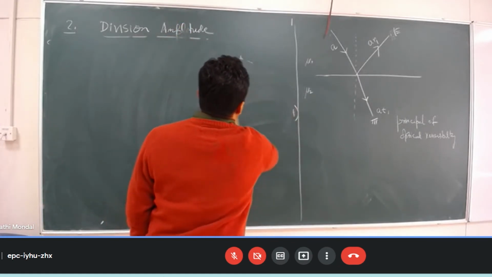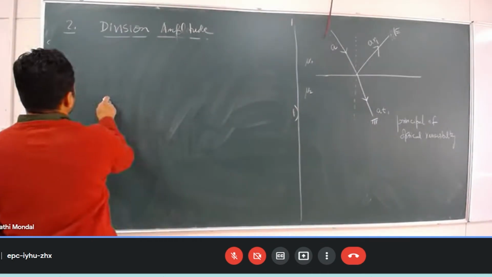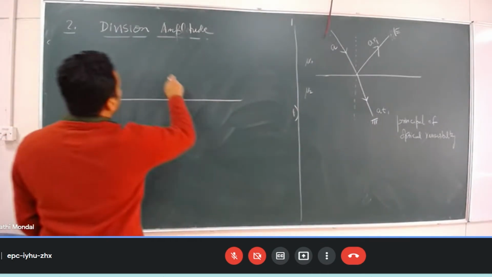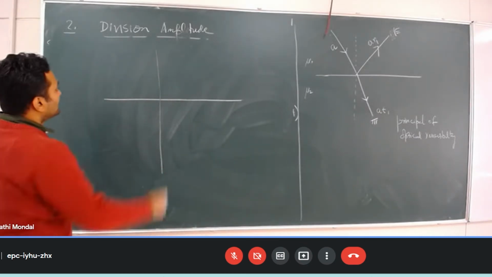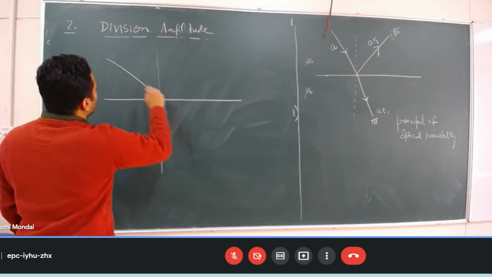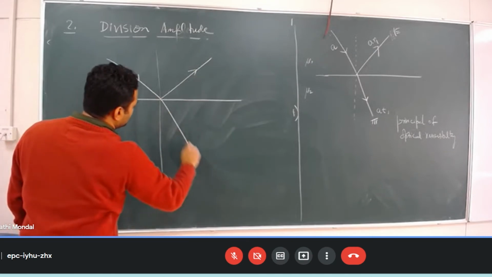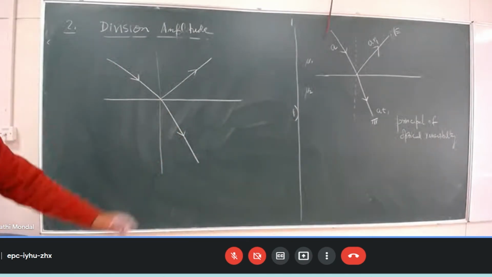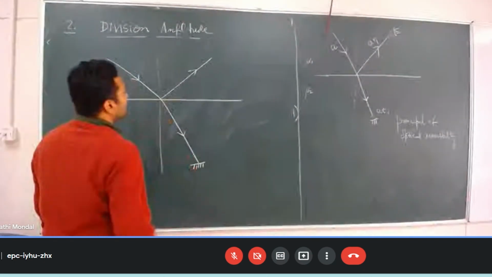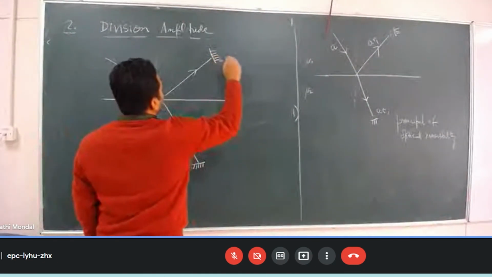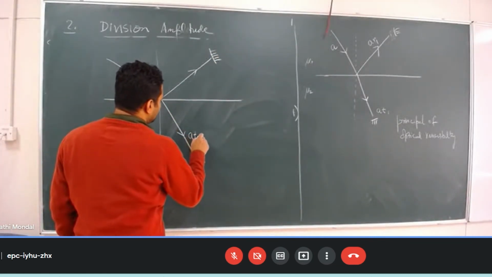So if I do so, then what will happen? Previously you have this one, and then this one, and then this one. Now if you put one mirror here and another mirror here, your previous amplitude was AT1.